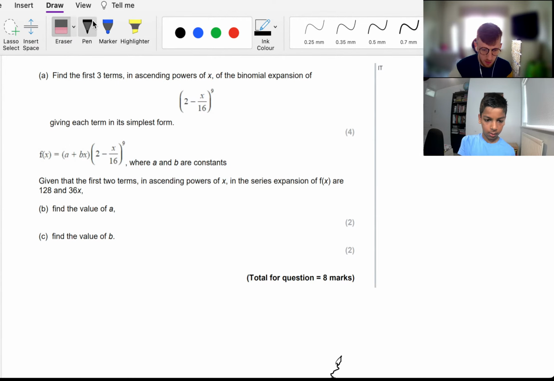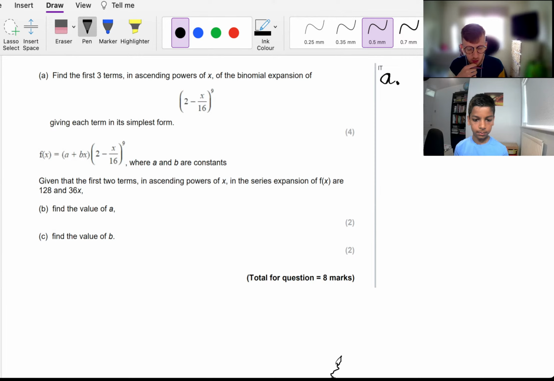Okay, so the first 3 terms. It's quite common that in an exam they don't ask for the full expansion. They just ask for the first 3 terms, or up to and including the x cubed term or the x to the 4 term. So you'll see different styles of exam questions, but it's very unlikely they ask for the full expansion.